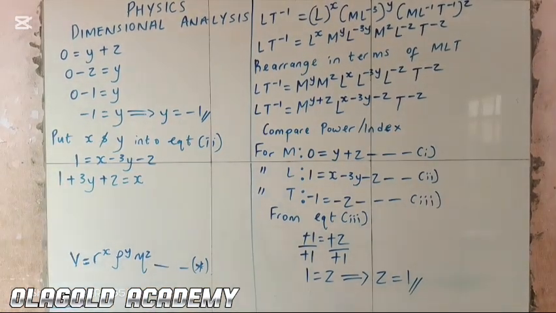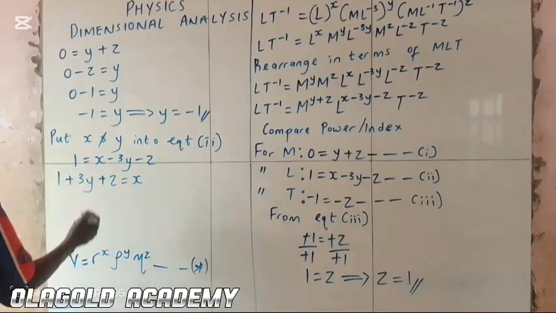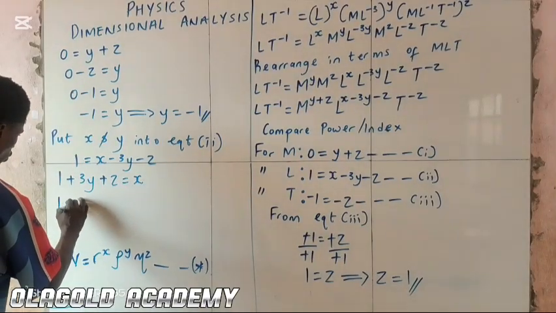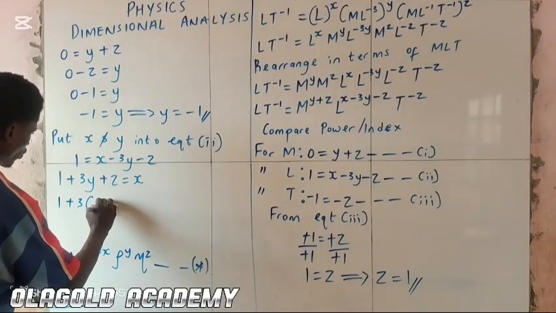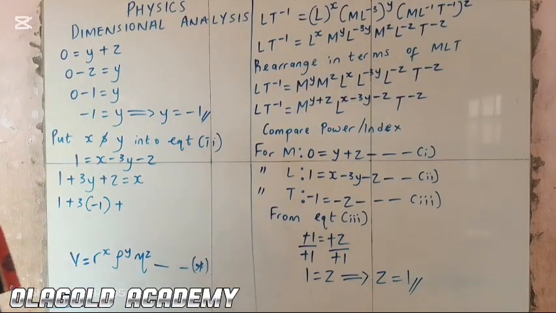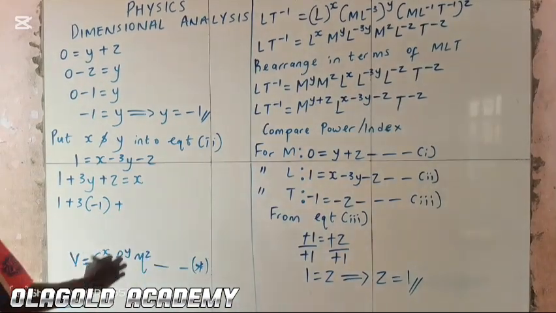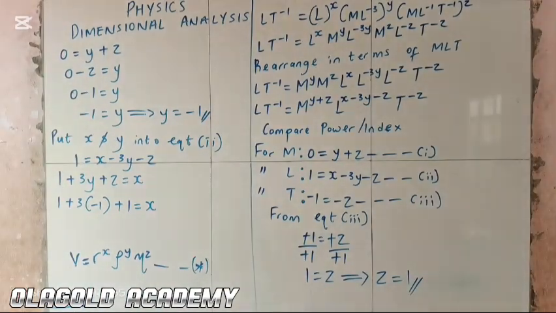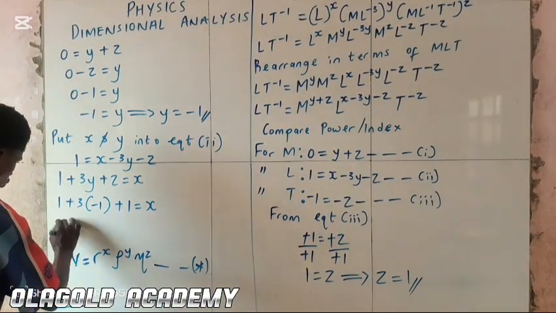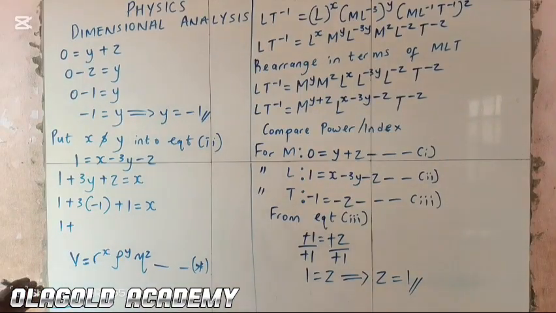Alright, our next task is to input the values. So we have 1 plus 3. Value of y here is minus 1. Plus z here is 1. So we have 1 equal to x. So let's open the bracket. We are going to have 1 plus 1.